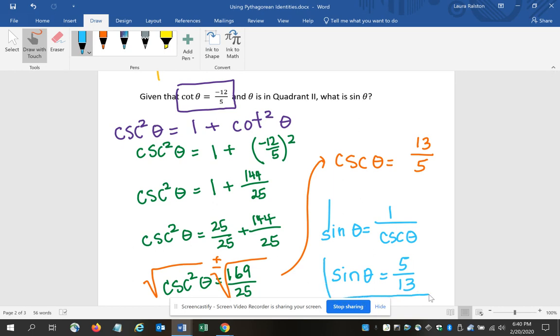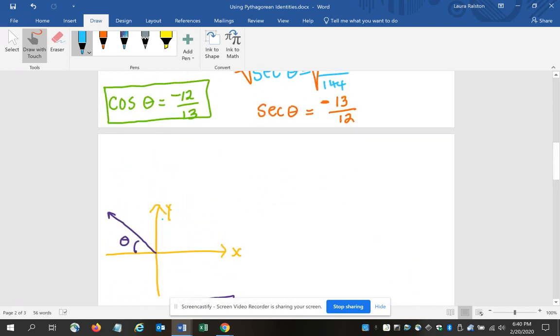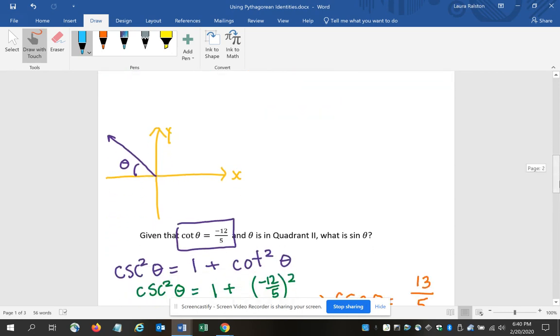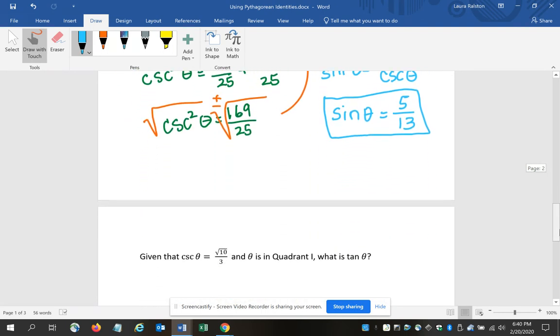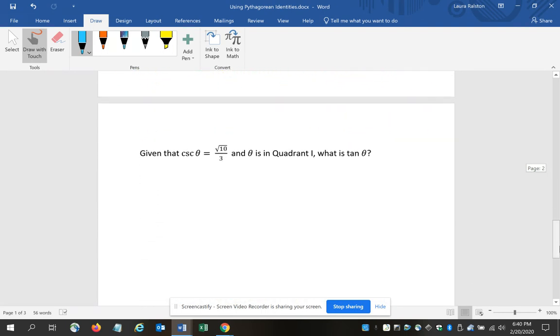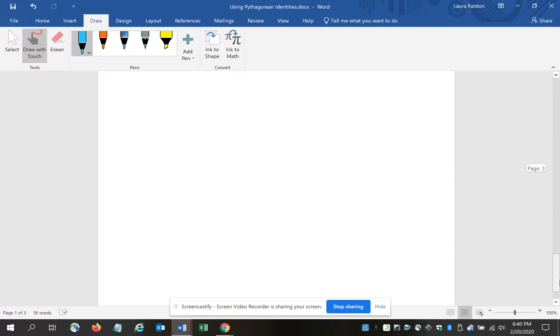So the sine of theta is 5/13. And again, thinking about it, in the second quadrant, my sine would be positive. The y value is positive in the second quadrant. So that's not just extra information, guys. You got to pay attention to which quadrant you are in. Okay?